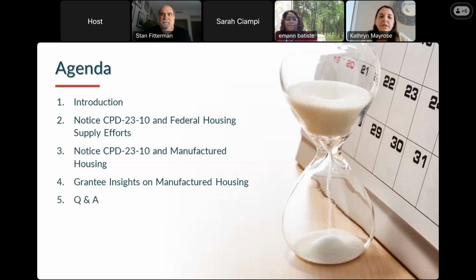Our agenda for today: we are going to start off with some opening remarks from the Deputy Assistant Secretary for Grant Programs with HUD. Then we're going to take a look at how the new notice fits into the broader context of federal efforts to increase housing supply across the nation.